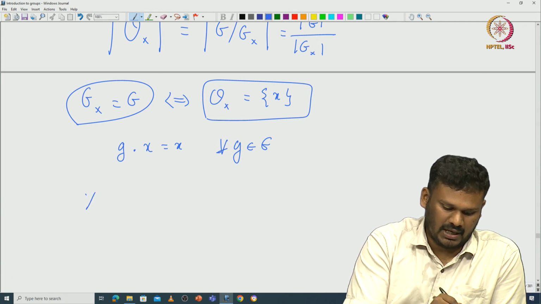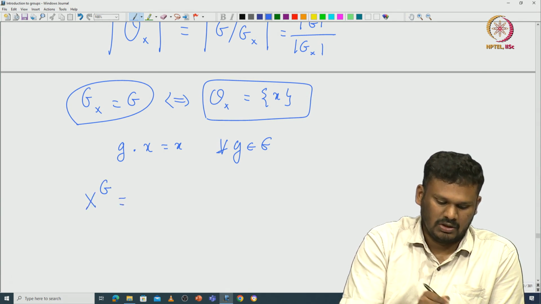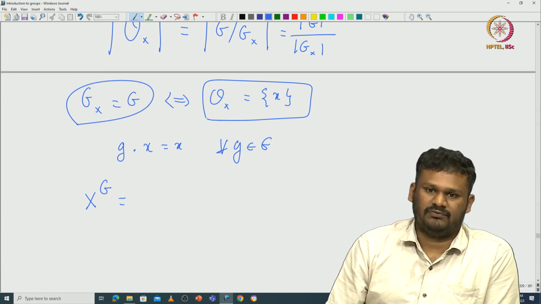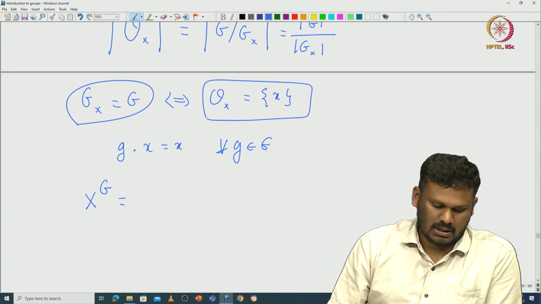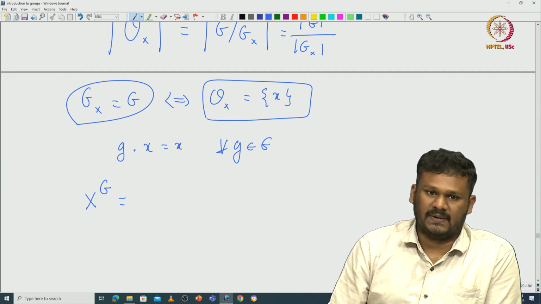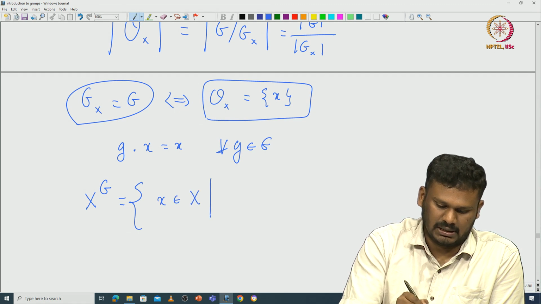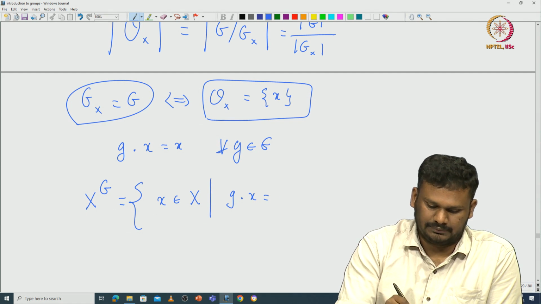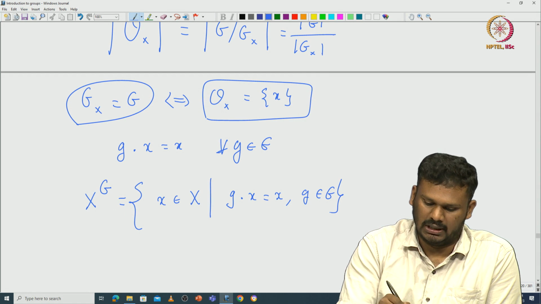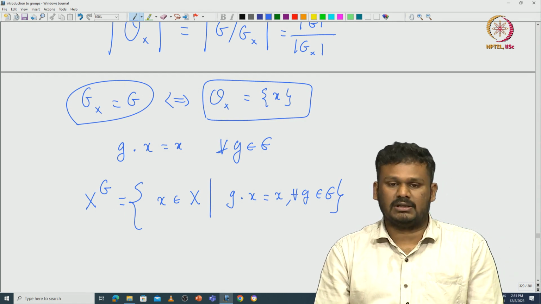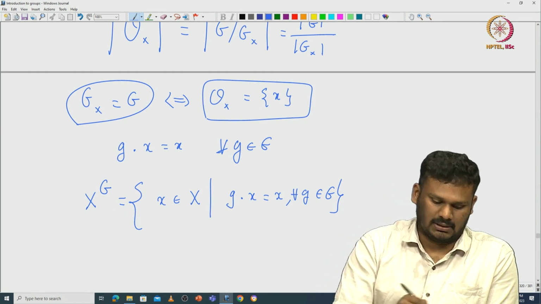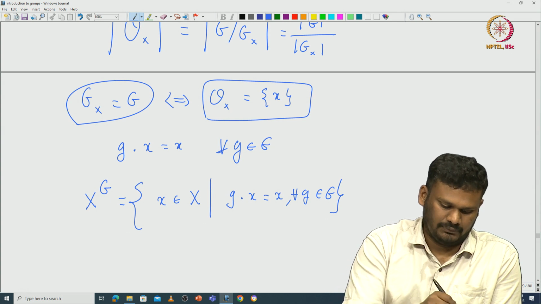That has a special notation. We can define what is called the fixed point elements, which is denoted by X power G. These are those elements x in capital X such that they are fixed by all elements of capital G. So, you call that the fixed point subset under this action of G.